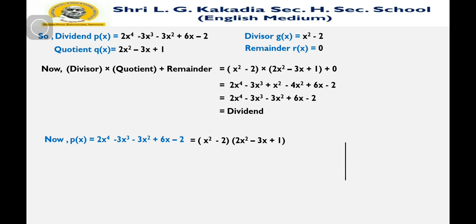So here the coefficient of x square is 2 and the constant term is 1. So we get 2 into 1 is equal to 2. Here we get plus 2, so we take the factors of 2 in a way that we can find the middle term. So here the middle term is minus 3. So we put minus 2 and minus 1. 2 ones are 2.